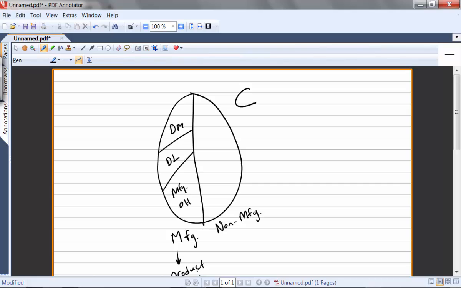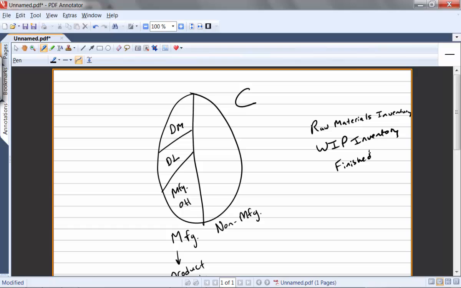So these product costs are first assets in the form of inventory: raw materials inventory, work in process inventory, and finished goods inventory.